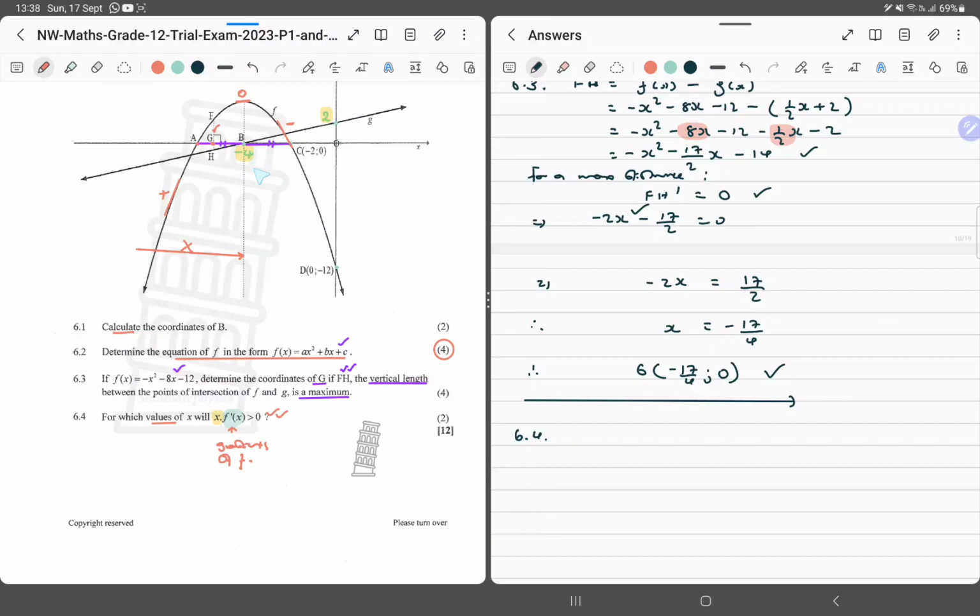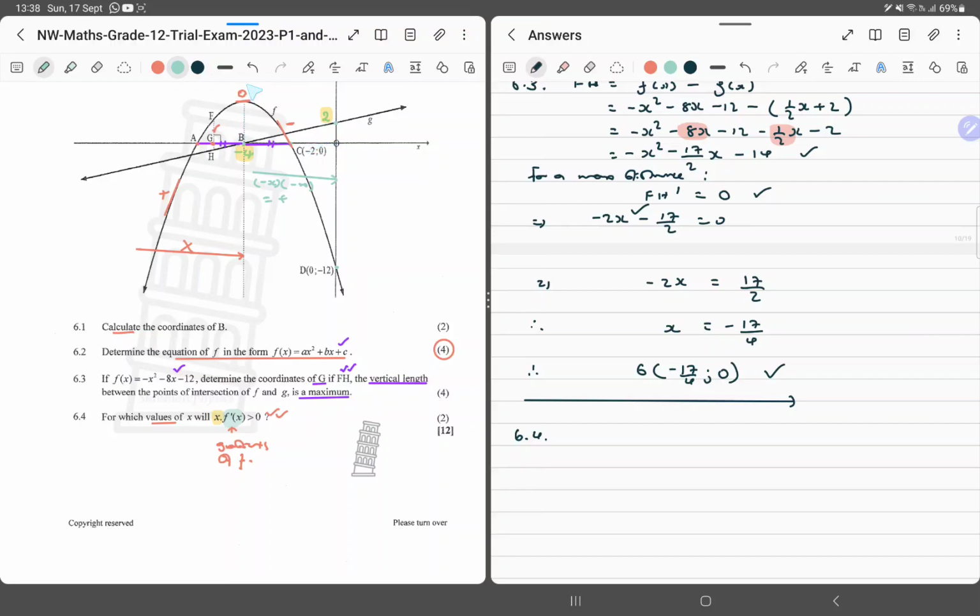But from this point on, up until the origin, the x values are negative, multiplied by the gradients which are also negative. So negative times negative is equal to a positive.